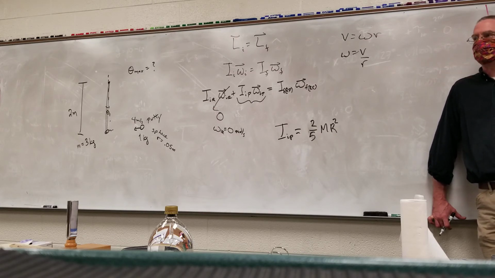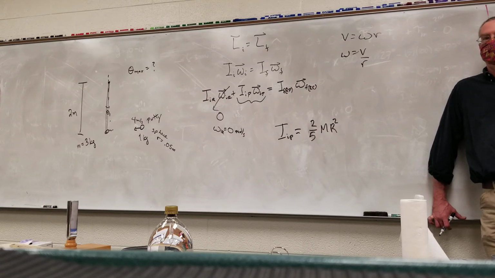And where's the axis of rotation? There. Yeah. So what do we have to do in order to find the moment of inertia? We did it last Tuesday. Find the center, right?